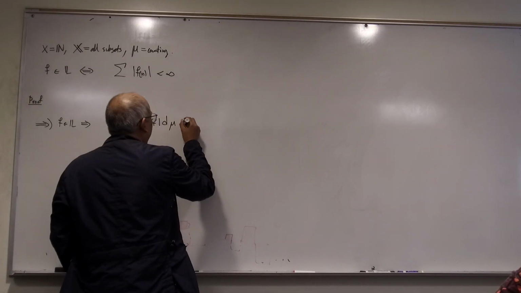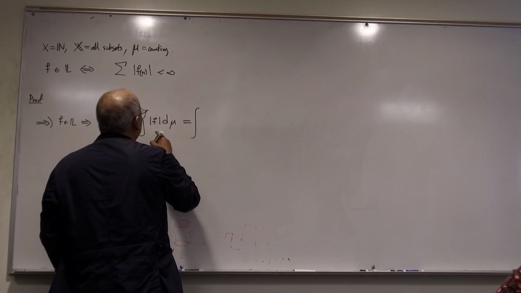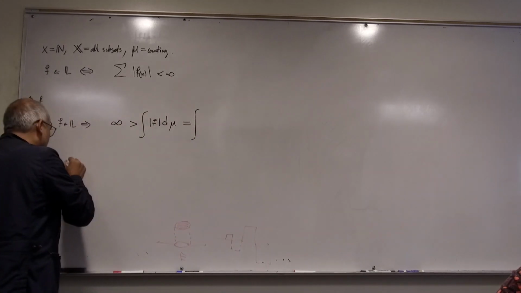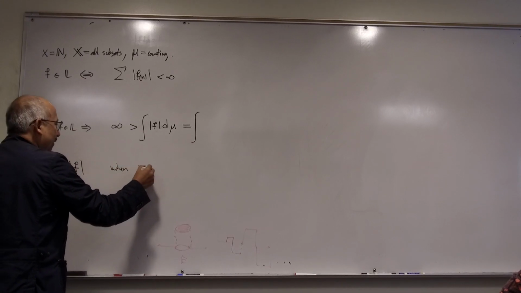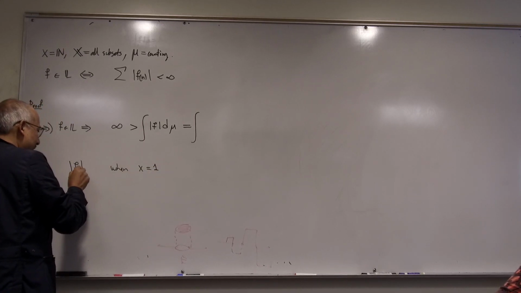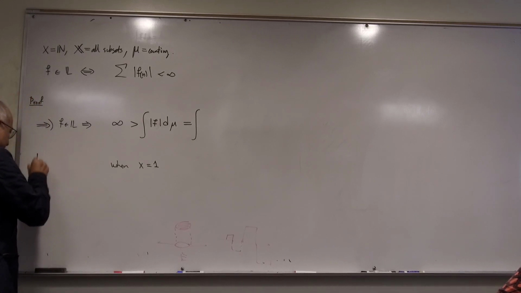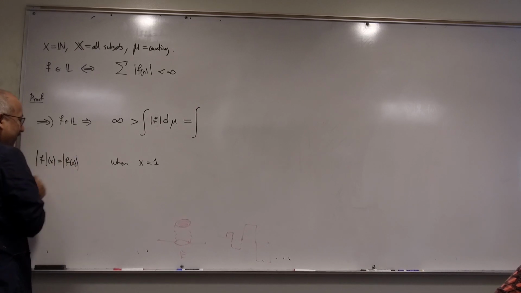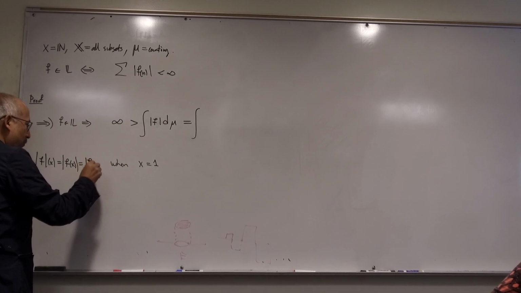Let's write f. What the heck is f? Well, I don't know f, but what is the value of this function when n equals 1? Because my universe is natural. So that function evaluated at x is f of x, equals, but what is the value of x? 1, right?